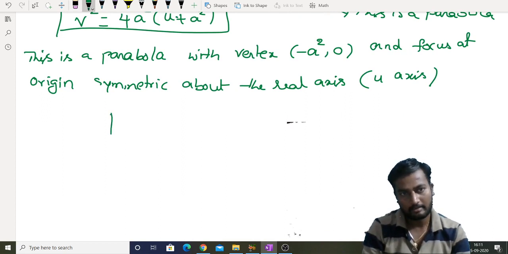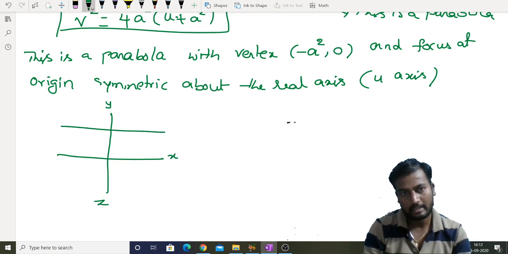So what is our z plane? This is our z plane, x, y. What we considered is y equal to a.